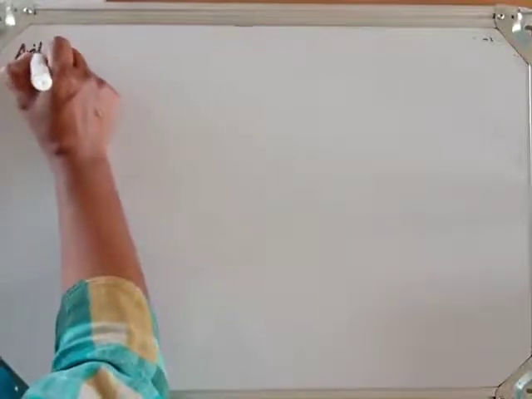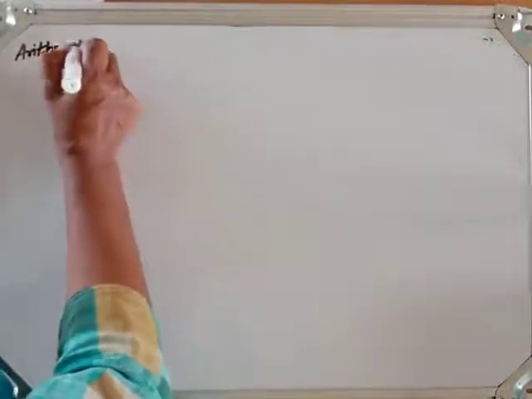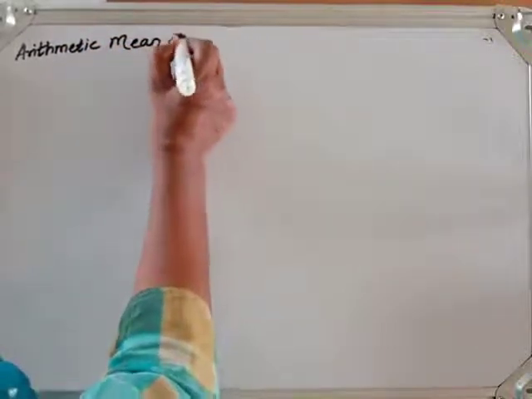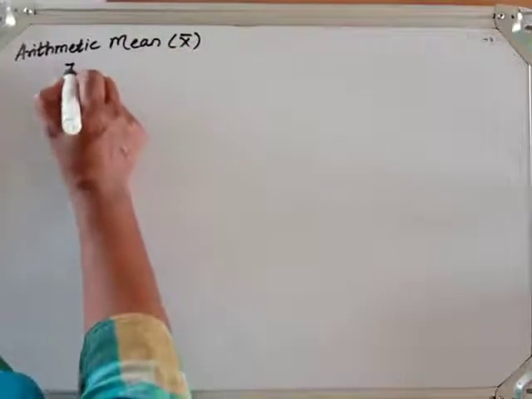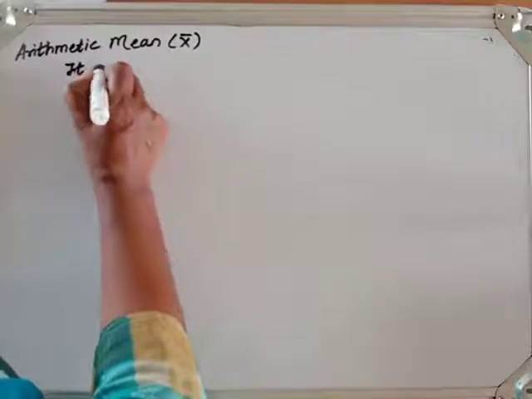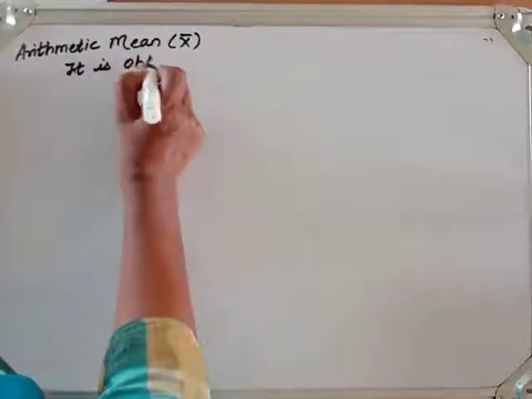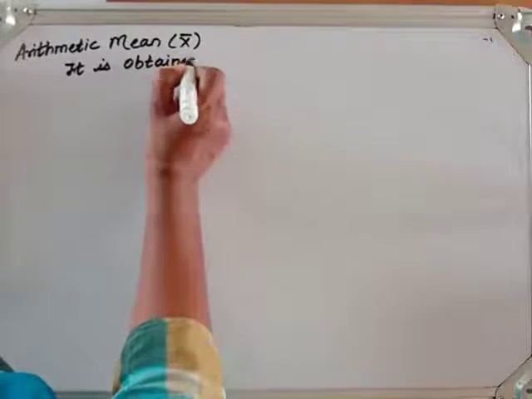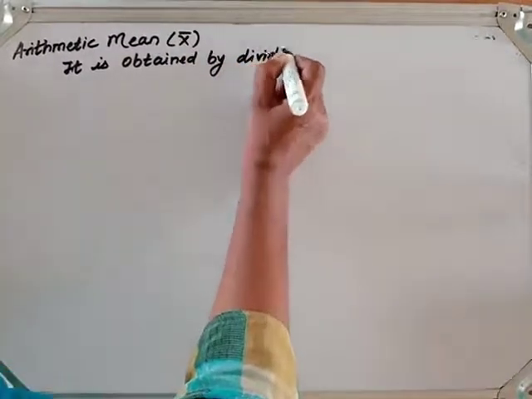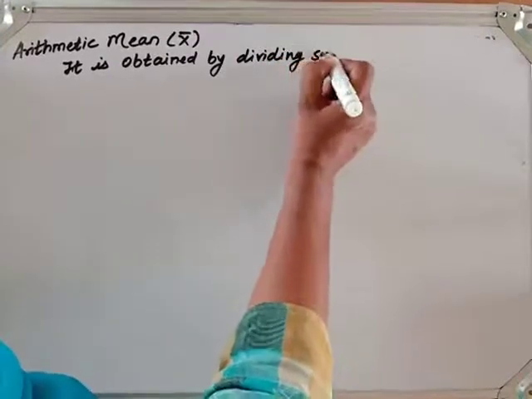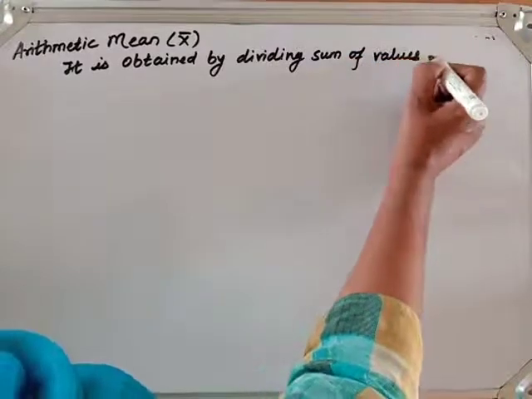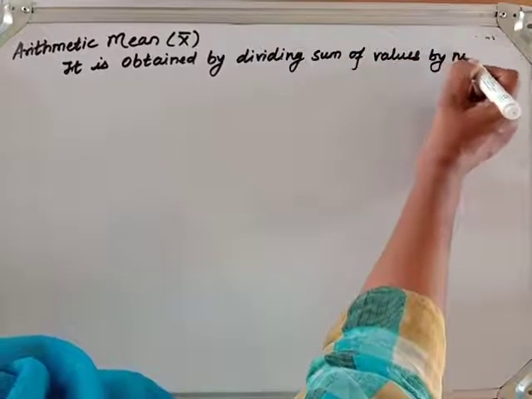So arithmetic mean is denoted by x bar. The definition of it is, or before going towards the definition, it is obtained by dividing the sum of values by the number of items.